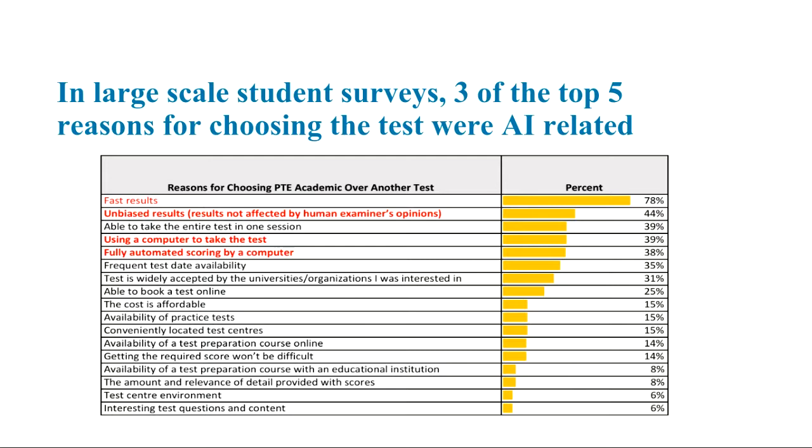For example, in this English test that I'm talking about, the average age of people taking this test is in their late 20s. There's no question that people are voting with their feet. They like the computer-based test. They do think that it gives them more unbiased results. And of course, they get feedback way quicker. If you take a test today, you'll probably get your scores back tomorrow, or the day after at the latest. They're incredibly quick turnarounds.